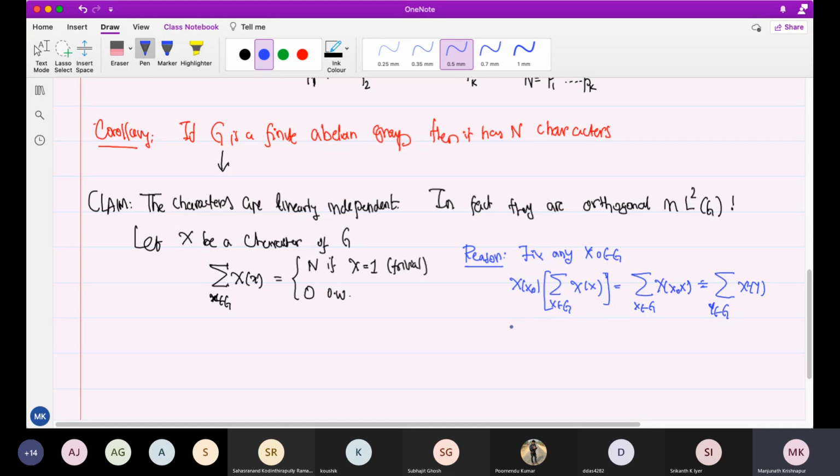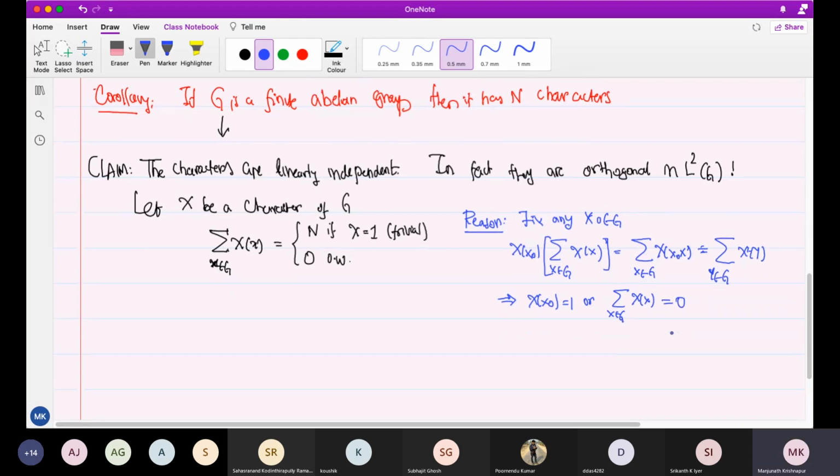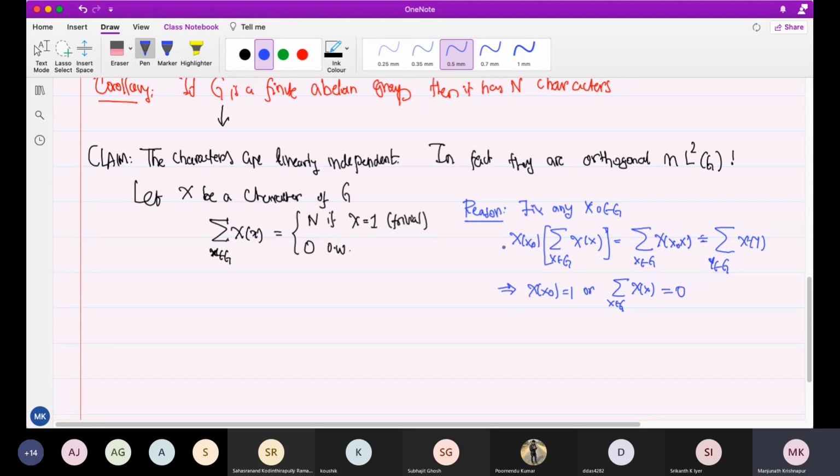So what this shows is that either chi of x naught equals 1 or the sum must be 0. Either this character value here must be 1 or this thing must be 0, but this is true for all x naught.